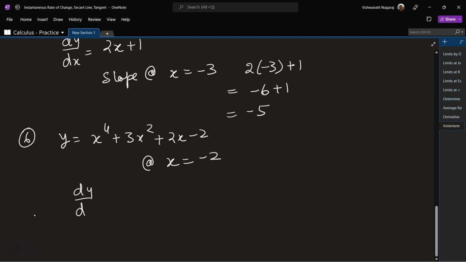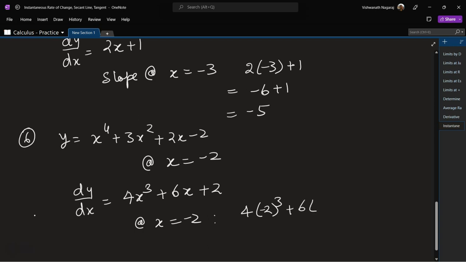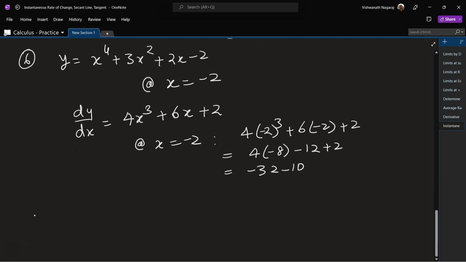So dy by dx is equal to 4x cubed plus 6x plus 2, and at x equal to minus 2 it would be 4 times minus 2 cubed plus 6 times minus 2 plus 2, which is equal to 4 times minus 8 minus 12 plus 2, which is minus 32 minus 10, which is minus 42.